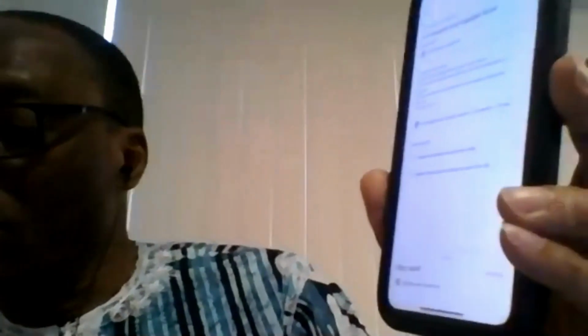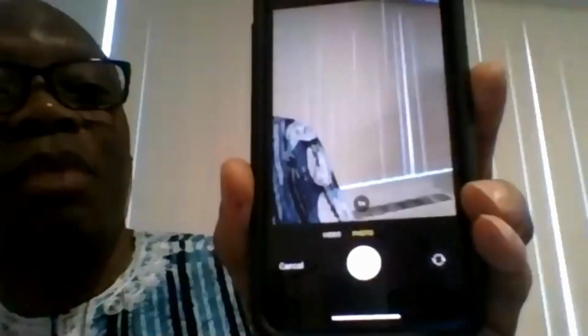Once you get the assignment, you go to the bottom and press on your work. After that, you're going to add attachments. Click on this, and then it's going to say use your camera. This is when you take the picture of your work.